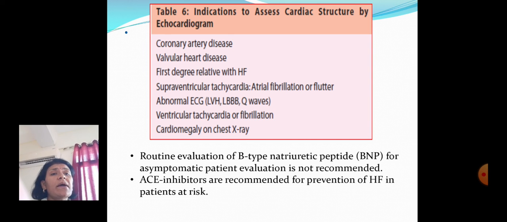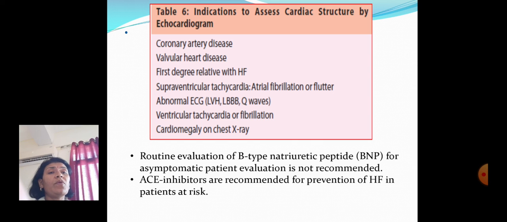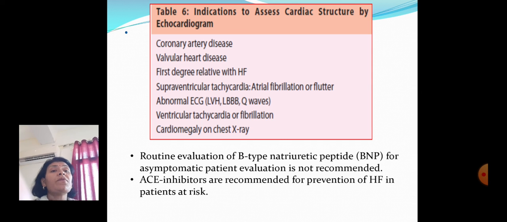Indications to assess cardiac structure by echocardiogram. When should we go for echocardiography? So patient with coronary artery disease, patient with valvular heart disease, the first degree relatives of a heart failure patient, then supraventricular tachycardia, either atrial fibrillation or flutter, or patients with abnormal ECG having LVH, LBBB or Q wave, or presence of VT or VF in any ECG, then chest X-ray showing cardiomegaly.